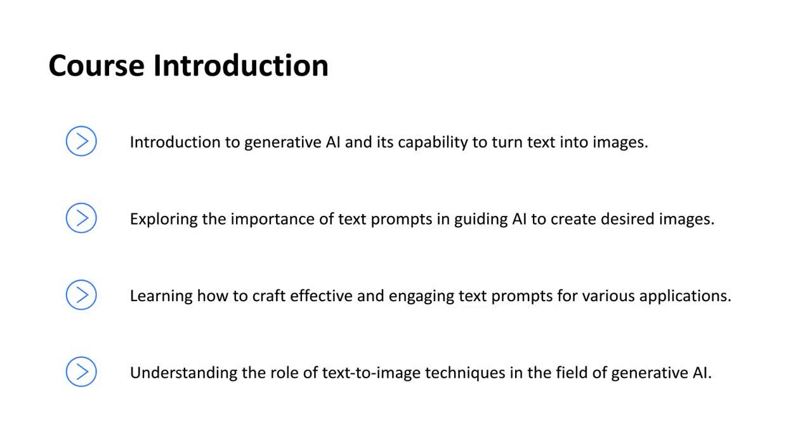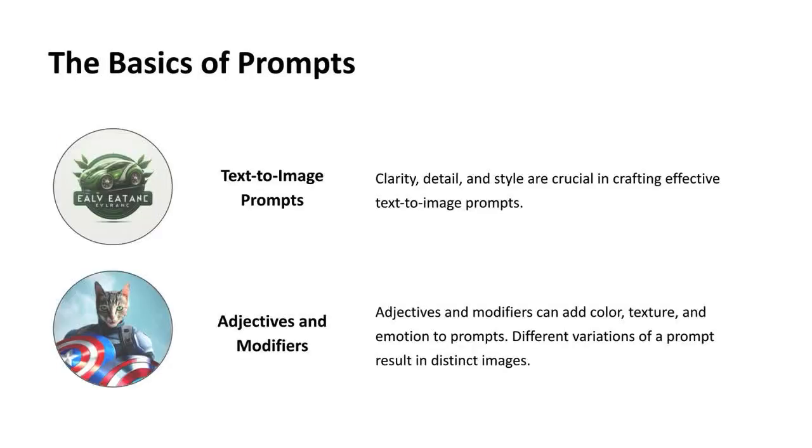When prompting for an image, imagine you're describing a painting. The more vivid and specific your words, the more stunning the final result will be. Text-to-image prompts act as a bridge between your creative vision and the AI's generation. They don't rely on single words or generic phrases. Instead, they thrive on adjectives and modifiers that paint a clear picture with words.